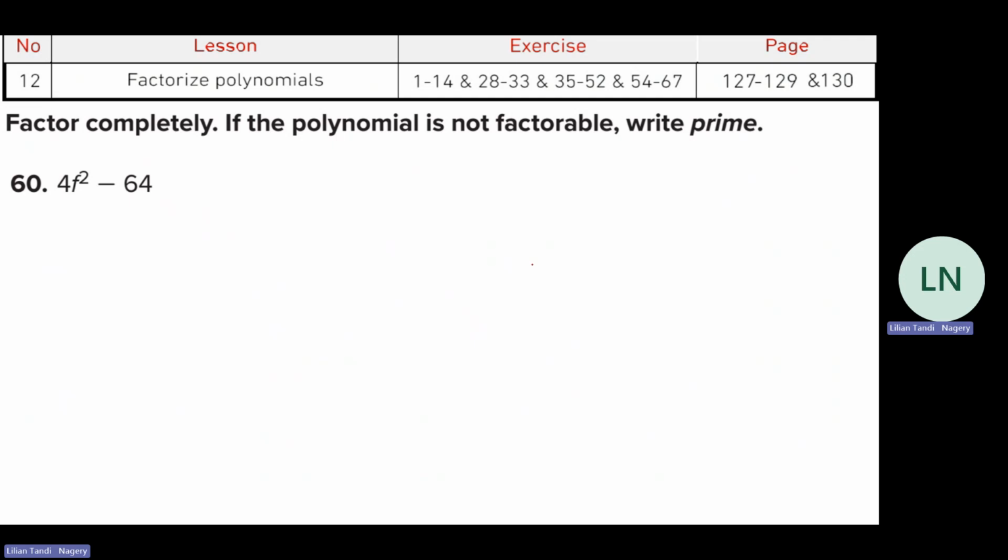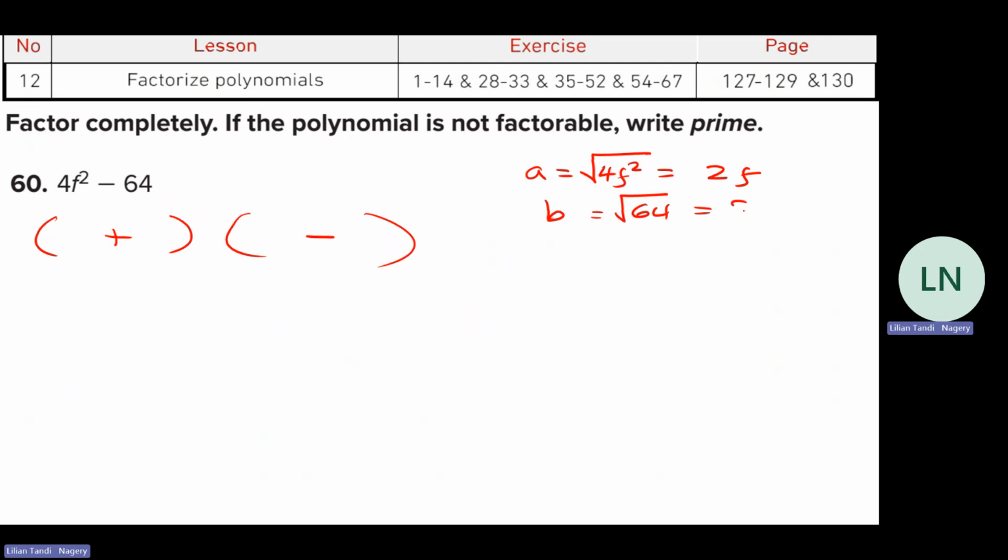This one is a difference of squares. So I need 2 brackets. One with plus, one with minus. So find A. A is the square root of 4f squared, which is 2f. And B is the square root of 64, which is 8. So this will be 2f plus 8 and 2f minus 8.